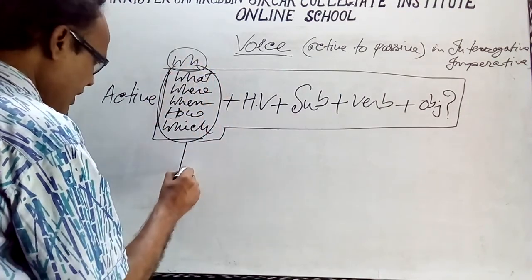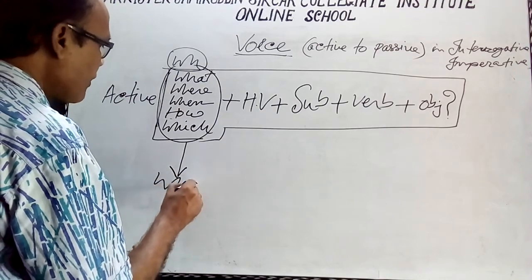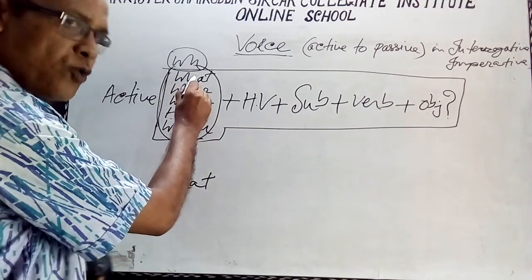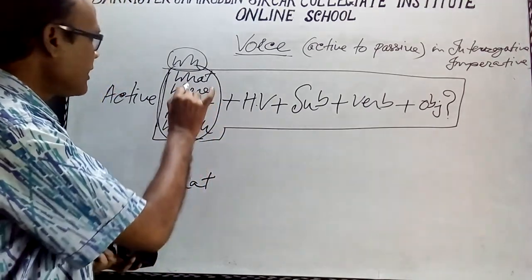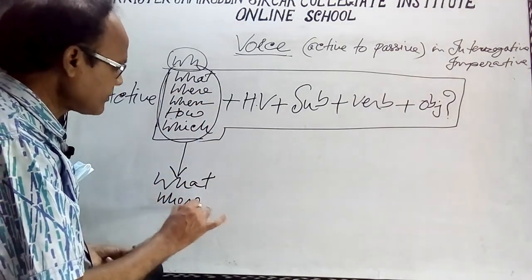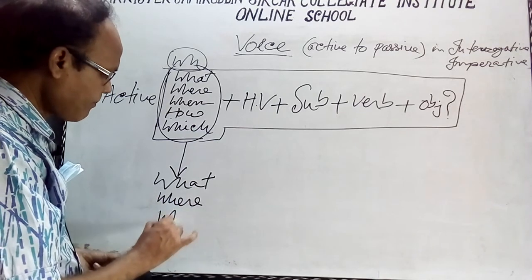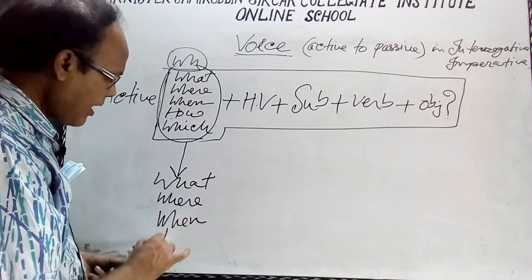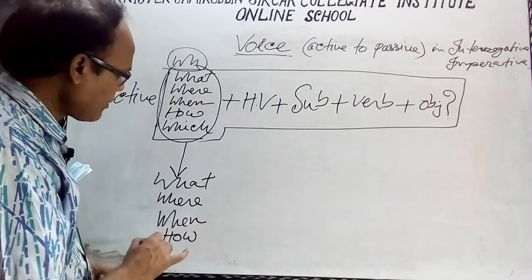And the passive structure is: all the WH words will be here. If there is what, there is what. If there is where, there will be where. When, how, who.